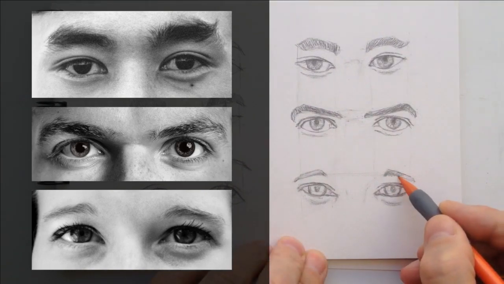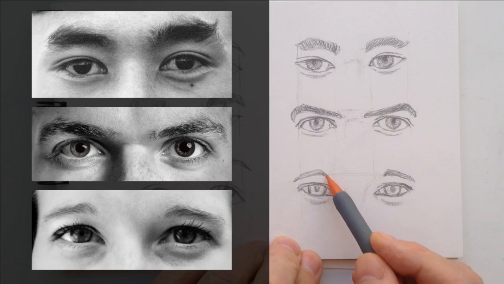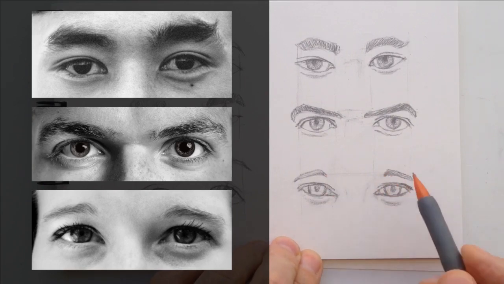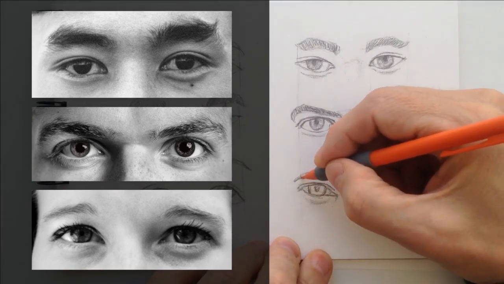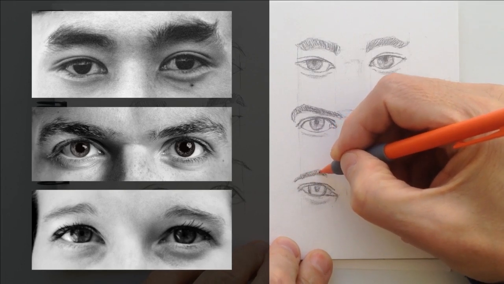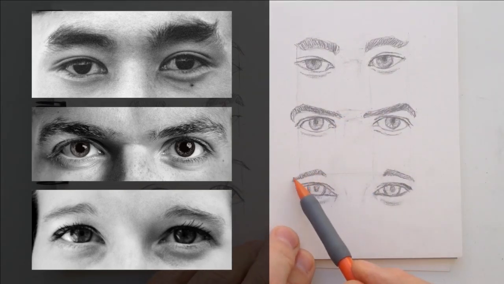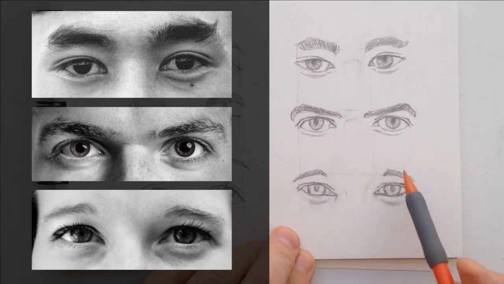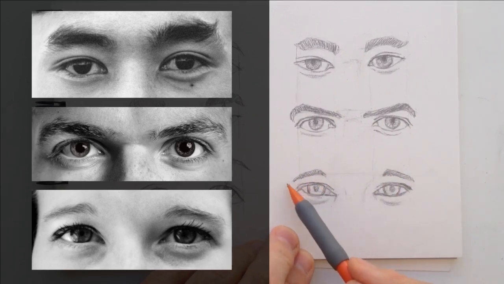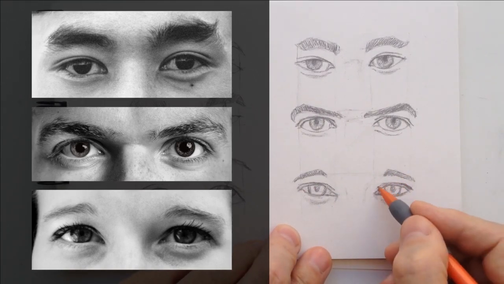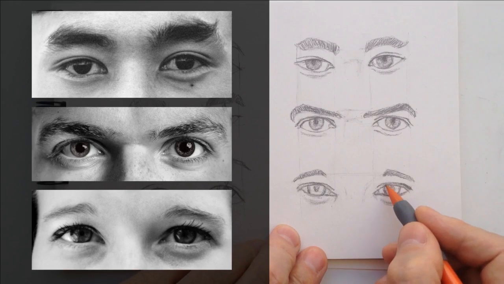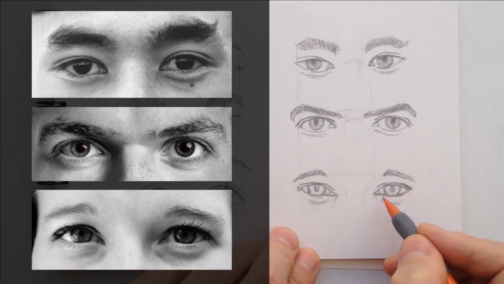The example at the bottom. The outer eye corners are raised. The eyes are rather narrow, pointed towards the inner corners. The lines of the upper eyelid converge over the pupil. The fold of the lower eyelids is slightly swollen.